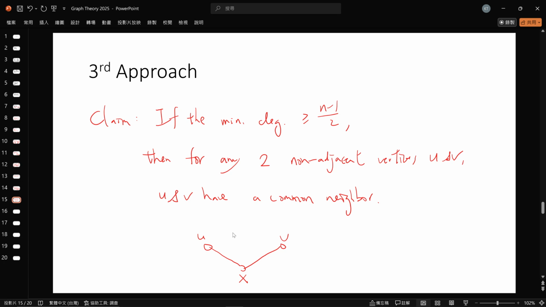And the claim is (n minus 1) divided by 2, so it's greater than (n minus 2) divided by 2. That means if you don't look at those two vertices, and you put the other n minus 2 vertices in the group and divide it, no matter which way you choose, there must be at least one vertex that is selected by both u and v. Yes, you know what I'm saying? Excellent. So let's try to formalize your idea.